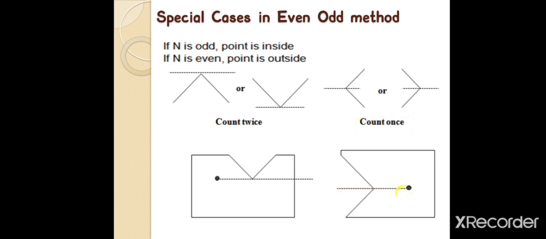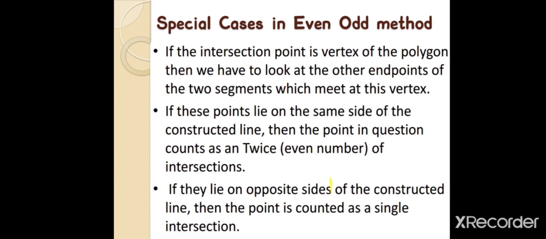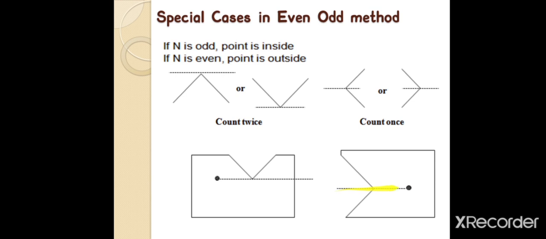So if this is the given point, and this is the sure shot outside point, then we draw the line. At that time, we count it only once. So here only one intersection, which is once again an odd number, meaning it is inside.